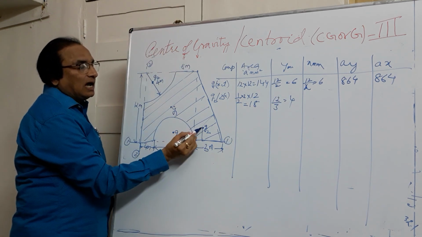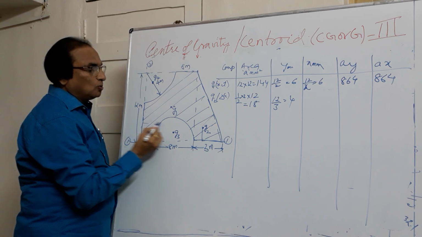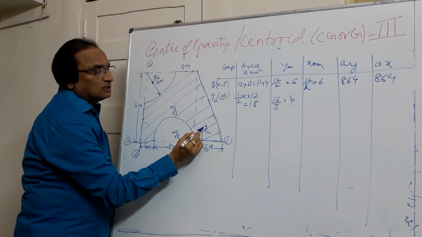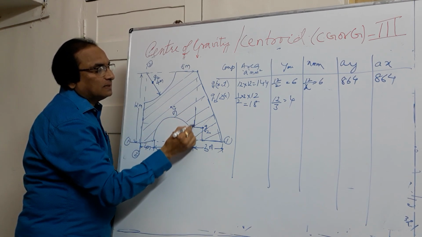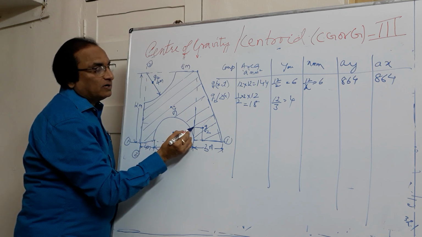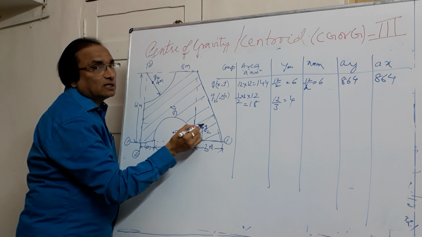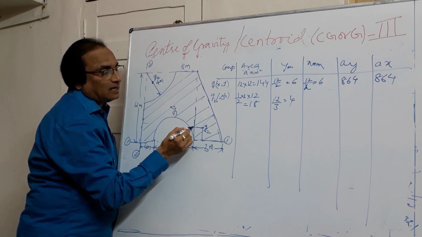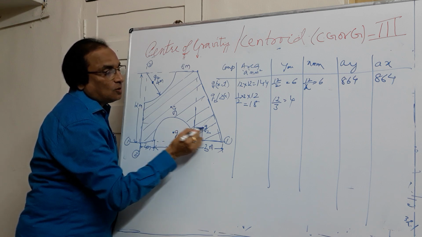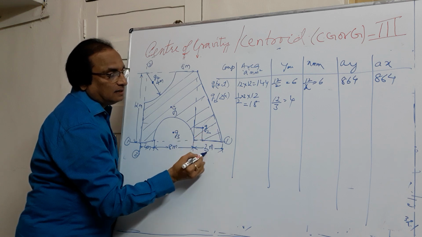Next, I want the distance of the centroid from 2-2. Now this distance is from the line, that is, from the base. Whenever it is from the line or base, the height of the centroid is 1/3 of the height. I need this distance. In that case, what is the height of the triangle? 3 meters.